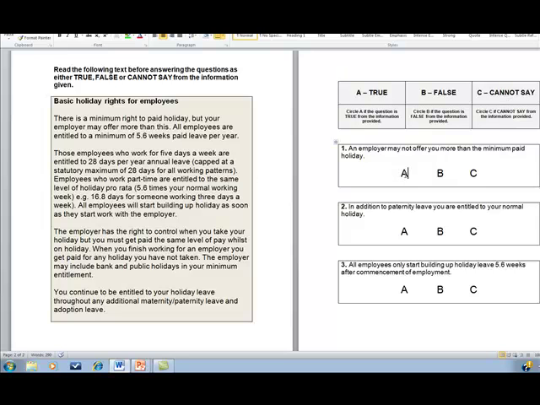Now we all know that firefighters are required to wear uniforms, but, and this is the important bit, unless it actually states it in the passage, then you cannot say it. Okay, even though you know that that is a true fact, you cannot say that that is true based on the information provided. And that's an important thing to remember. Just because you know something is true, unless it states it in the passage, you cannot answer it as true. Okay, and you'd have to put the answer as cannot say.